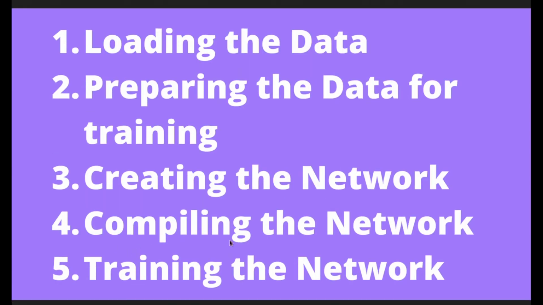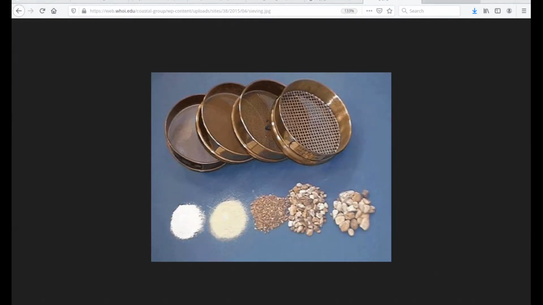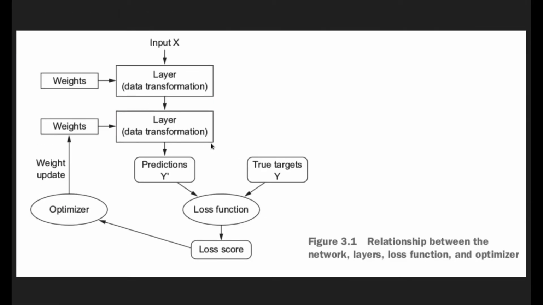This fourth step is nothing but compiling the network, which is specifying the feedback loop or optimizing function. I took this image from the book, I believe the name of the book is Deep Learning with Python, a very good starting book for anyone who's interested in these structures.